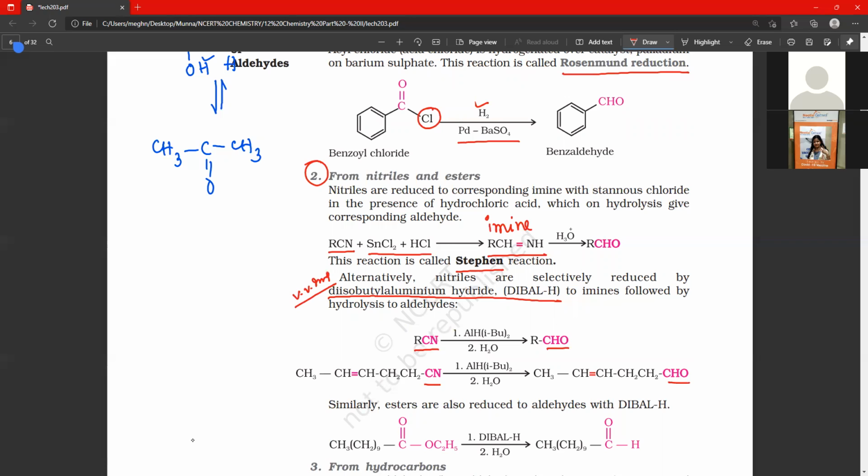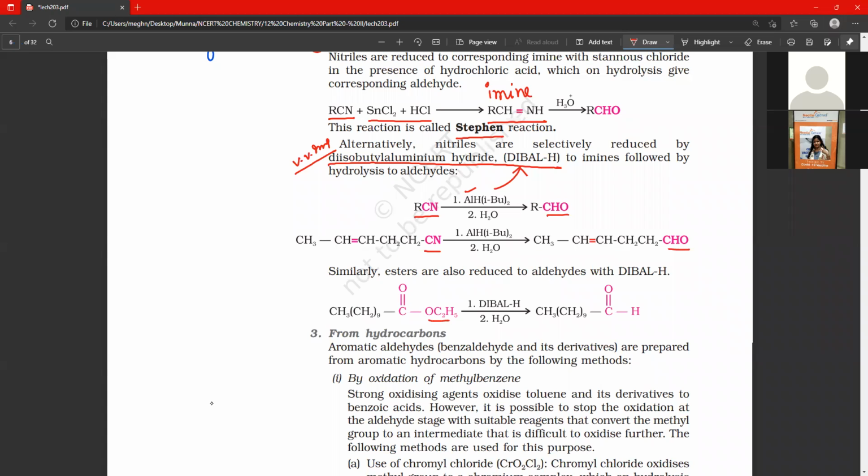I hope all of you could make out. It's a specific reagent, DIBAL-H, or you can write it this way also. This is the same thing, aluminium isobutyl hydride. They convert CN to CHO group. Not only that, ester group can also be converted into aldehyde group by this DIBAL-H. So DIBAL-H can reduce CN as well as ester to aldehyde group. This is very, very important again.